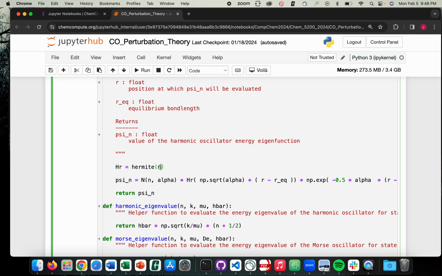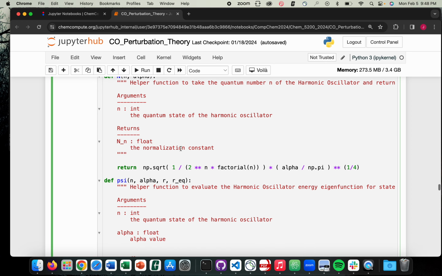So this right-hand side here is going to return for you another function of order n, and that function will be the Hermite polynomial. So HR now is not actually just a normal variable, it's going to be a callable function. And then down in this line here, I'm going to define a NumPy array, which is going to be given by this number here, which will be the normalization constant.